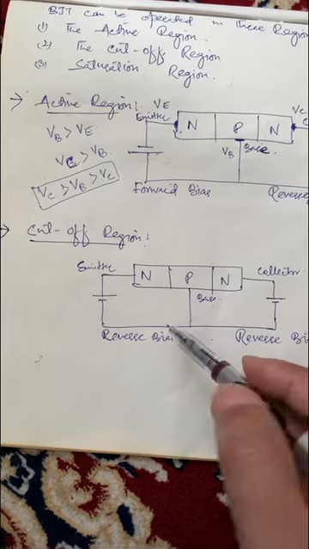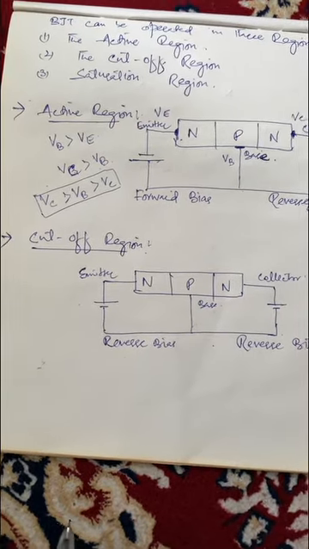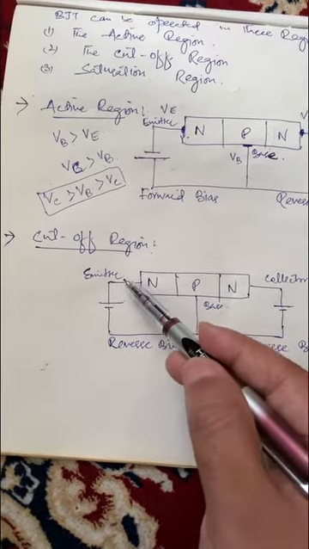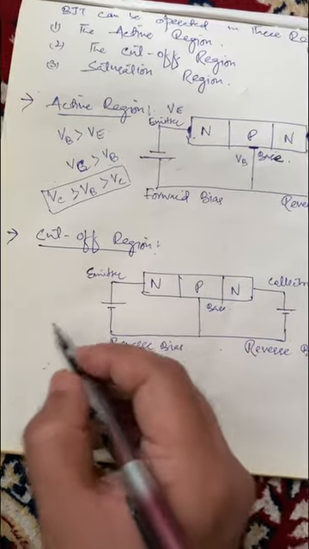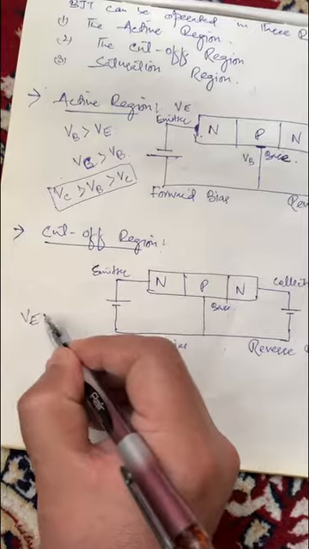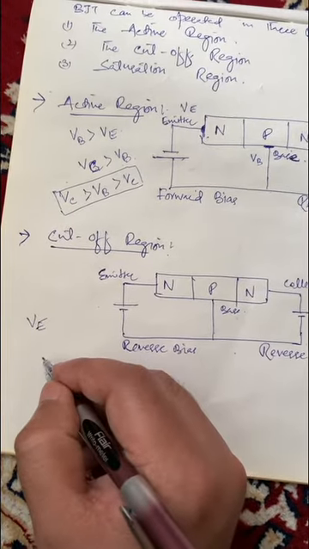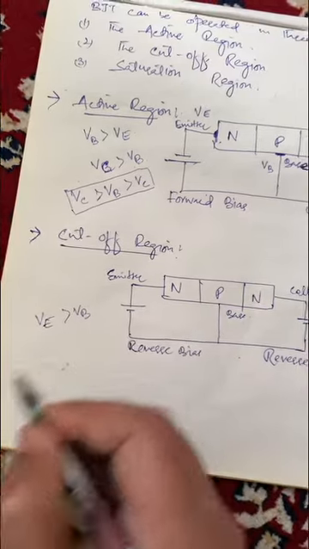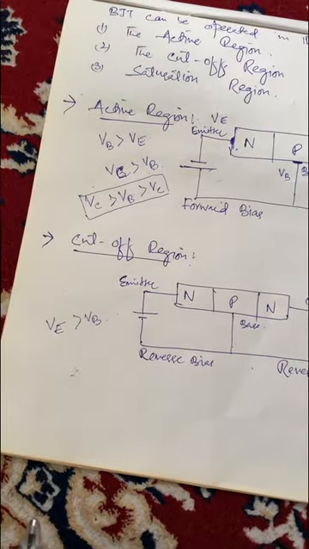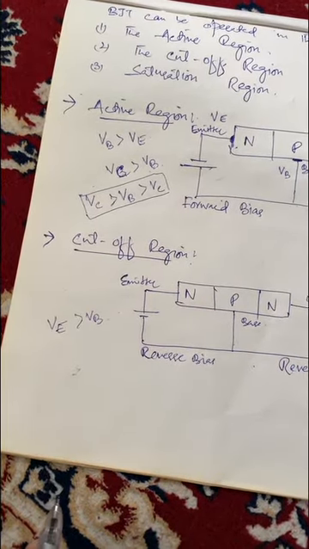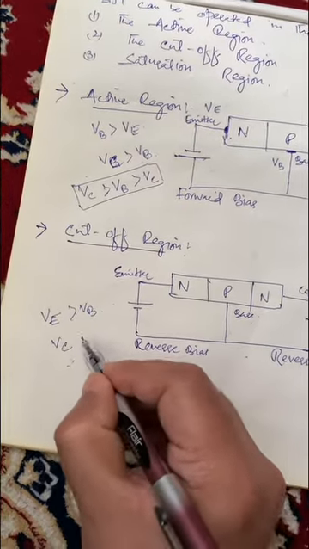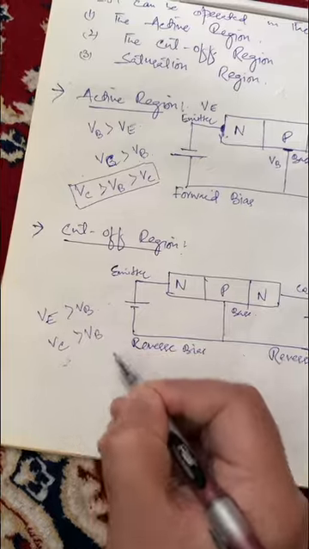So to operate BJT in this region, the emitter voltage, that is VE, should be greater than base voltage, and at the same time the collector voltage should be greater than base voltage.